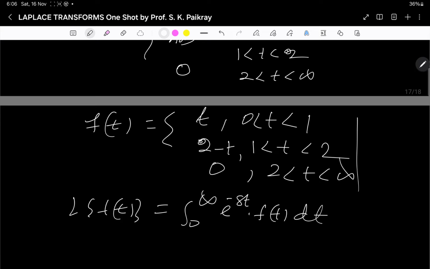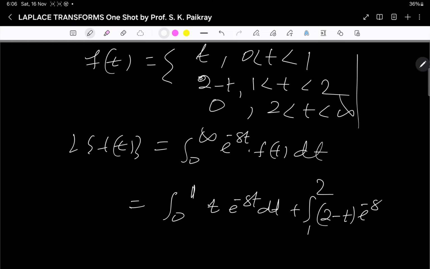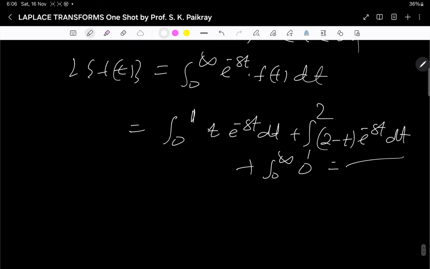You split the integral: integral 0 to 1, f(t) is t, e to the power minus st dt, plus integral 1 to 2, f(t) is 2 minus t, e to the power minus st dt, and otherwise plus integral 2 to infinity, the function is 0. You should get it, apply integration by parts and solve it to get your desired answer.